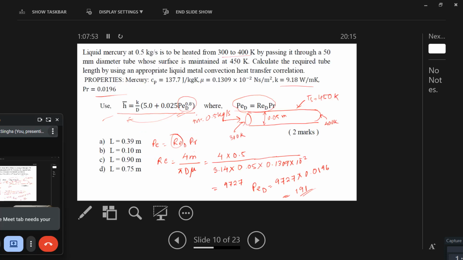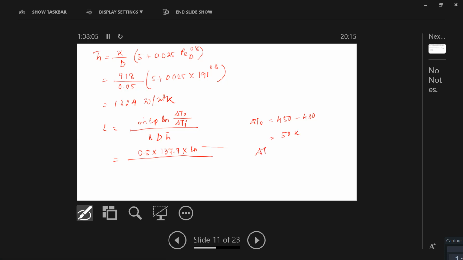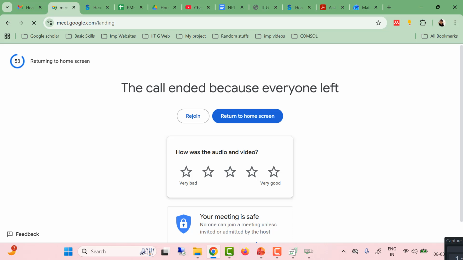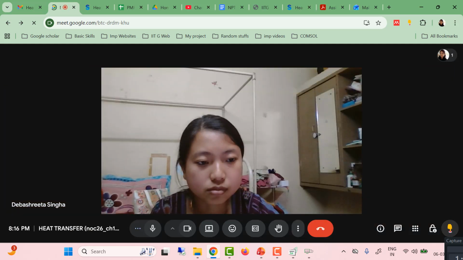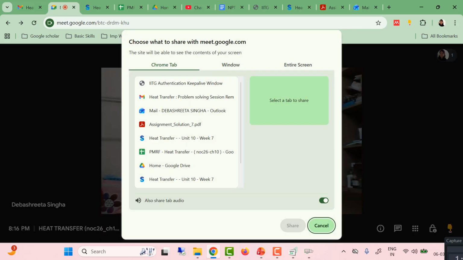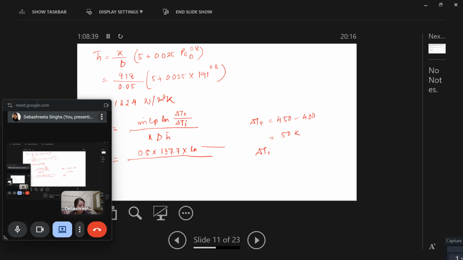So delta T naught is 450 minus 400. Delta Ti is 450 minus 300, which comes out to be around 150 Kelvin.